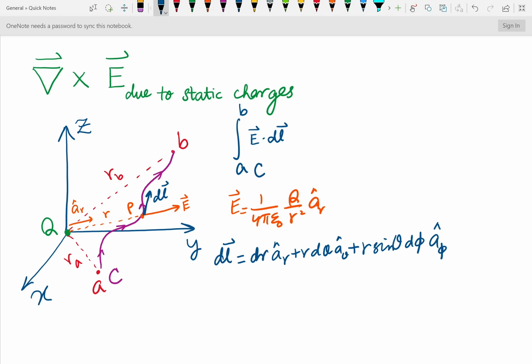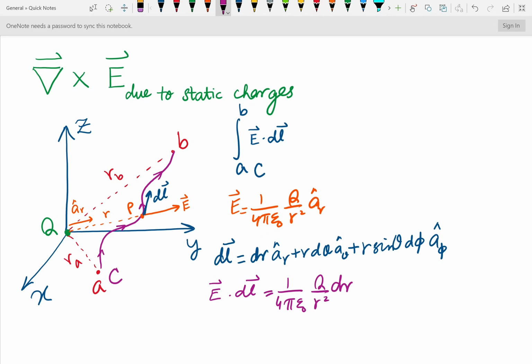Now to calculate the line integral, we first consider E dot dl, and from the expression of the electric field and the differential displacement, E dot dl will be simply equal to 1 over 4 pi epsilon naught Q over R square dr.